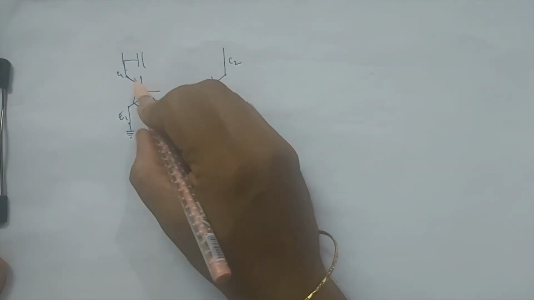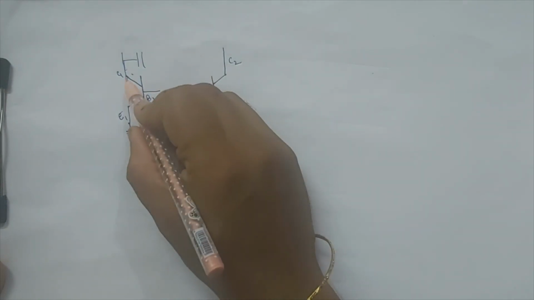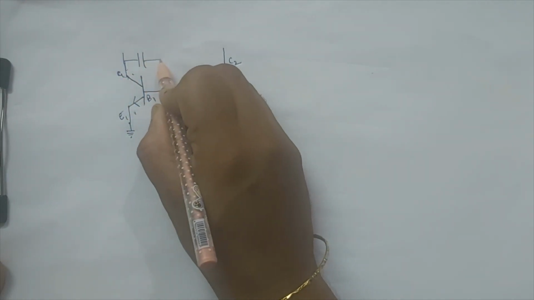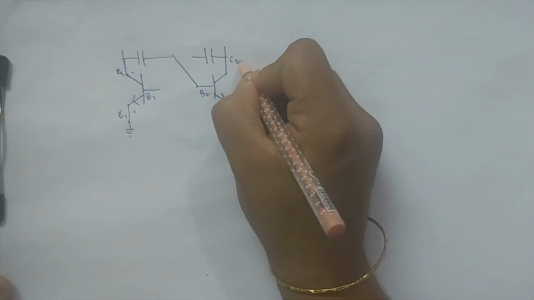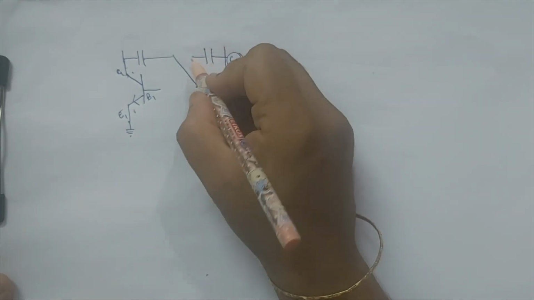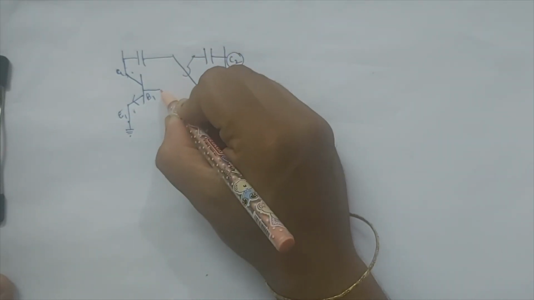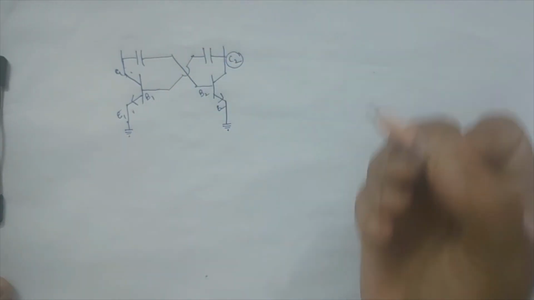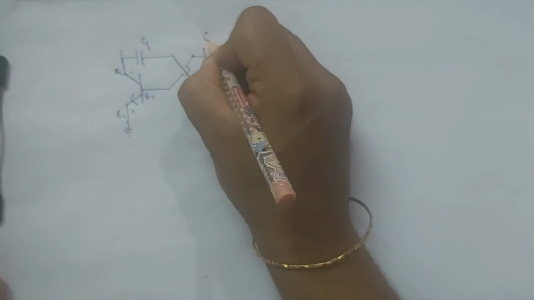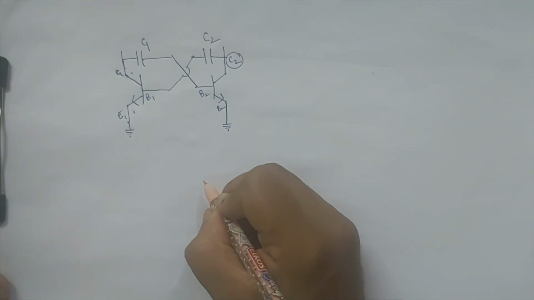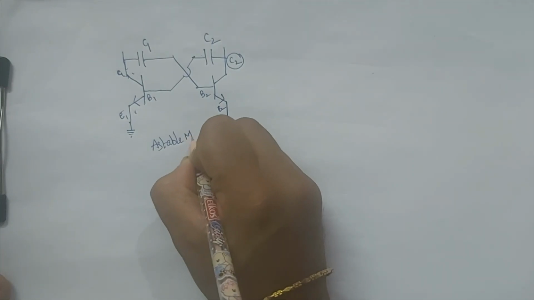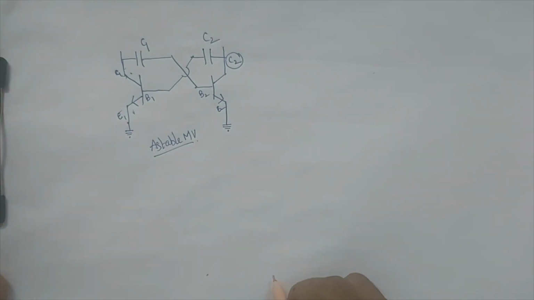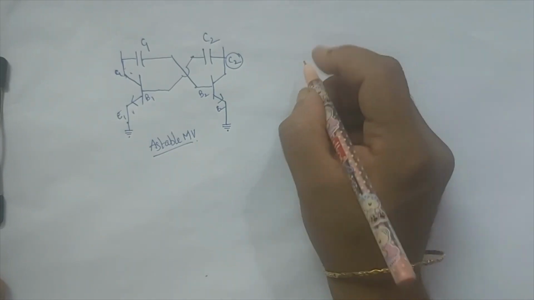The output of the first stage at collector 1 is connected through a capacitor to base 2. At the same time, the output at collector 2 is connected to the input of base 1, through capacitor C1 and capacitor C2. This is the astable multivibrator.